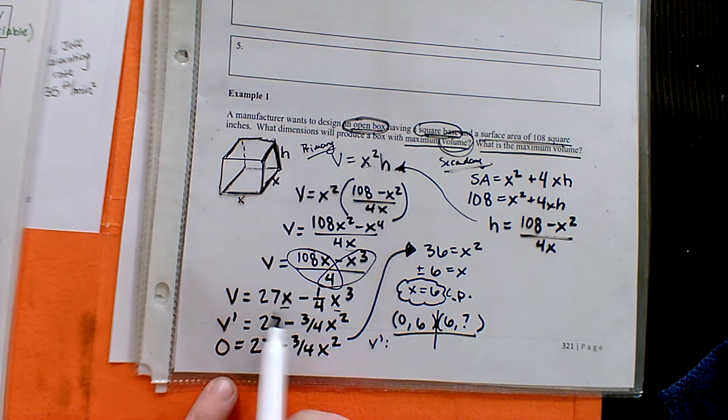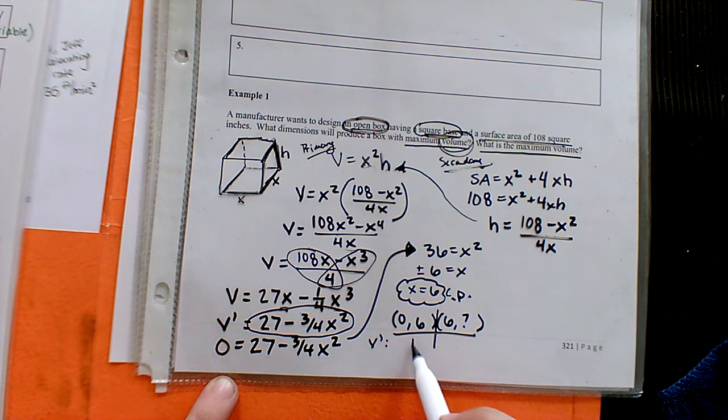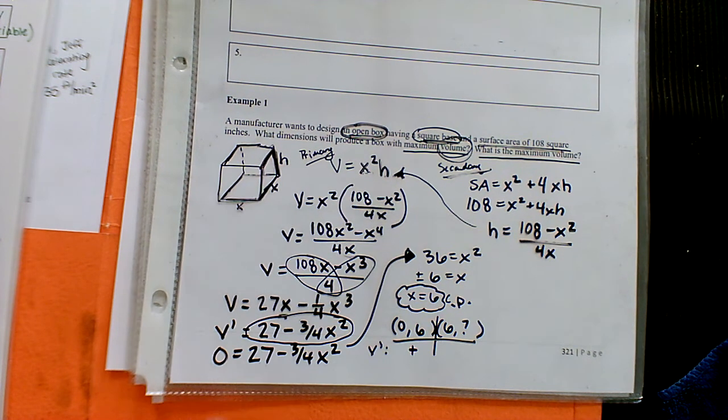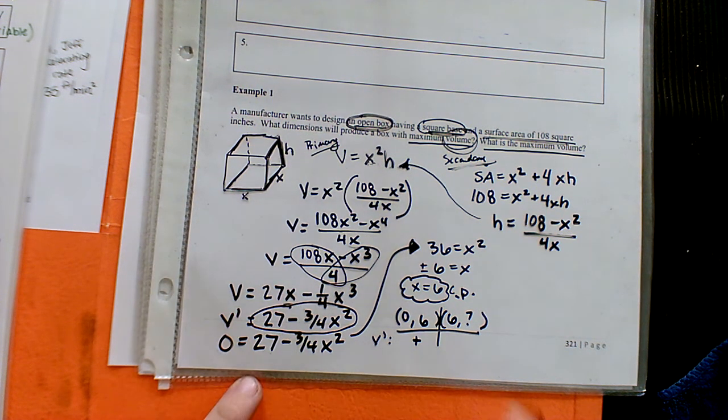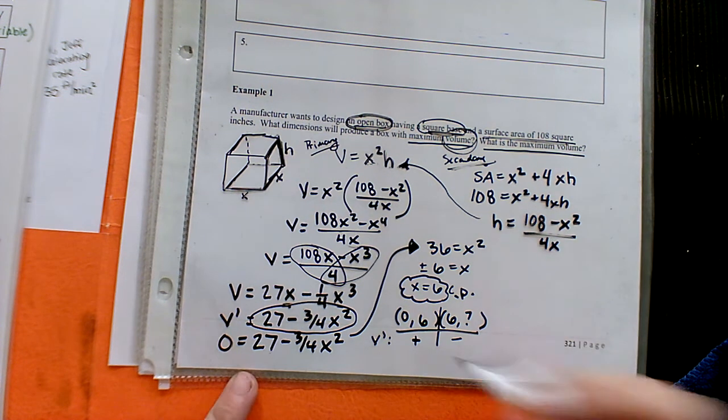1. Okay, so let's plug it into our derivative. We'll have 27 minus 3/4. Positive. Bigger than 6? Probably 7. 7 squared, 49. 3/4 of that, more than 27. So 27 minus something bigger than 27 is negative. Okay.